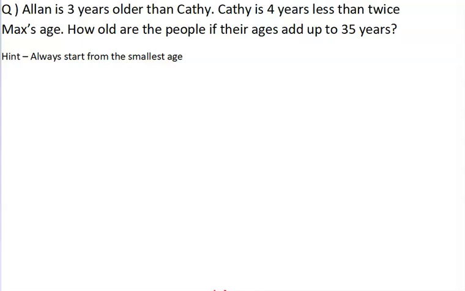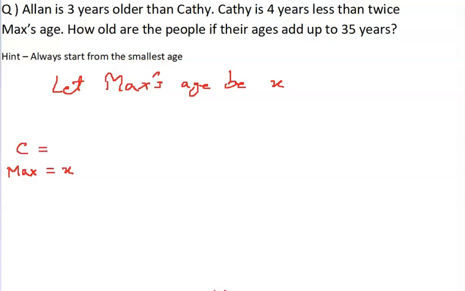Before we do that, let Max's age be X. Max equals X, and then Kathy equals, and then Alan equals. In terms of the question, Kathy is 4 years less than twice Max's age.